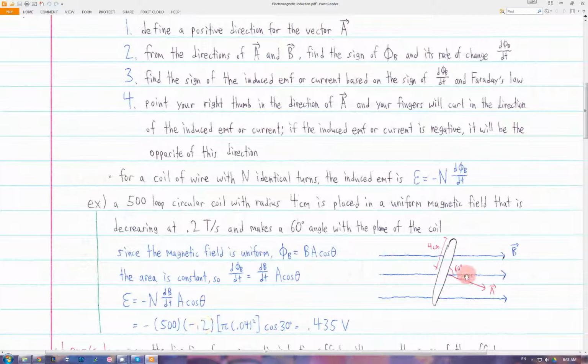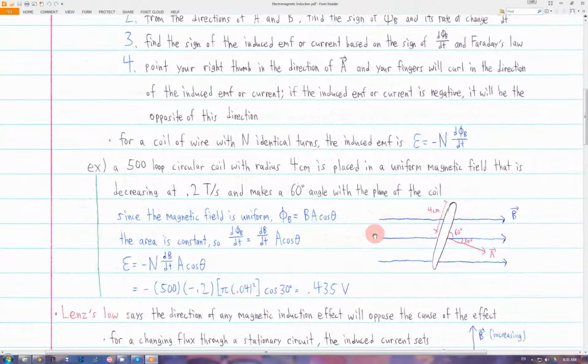And we want to use 30 degrees for this angle theta, not 60, because this angle is supposed to be the angle between the area vector and the magnetic field vector, which is 30 degrees in this case. So calculating those, we find that the induced EMF is 0.435 volts.